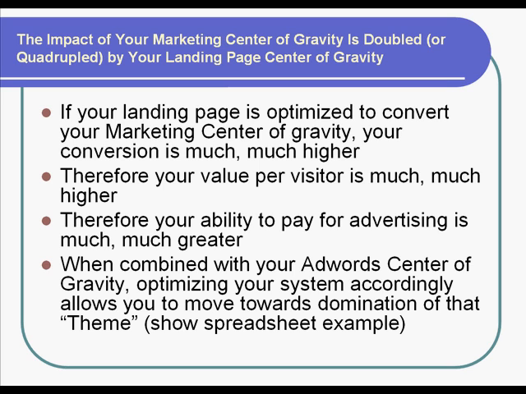So if you optimize a whole site for hiking as opposed to hiking boots, the conversion you're going to get on hiking boots is much, much lower than the conversion you're going to get if your site is optimized for hiking boots. Therefore, because you're going to sell a lot fewer of them, your value per visitor is much, much lower. If you convert more because you're going for a more specific term, your value per visitor is much, much higher.